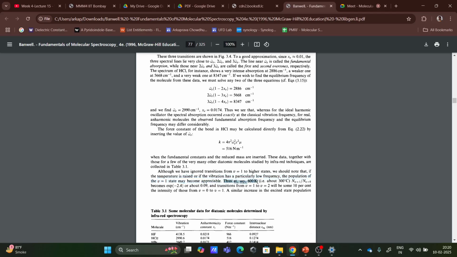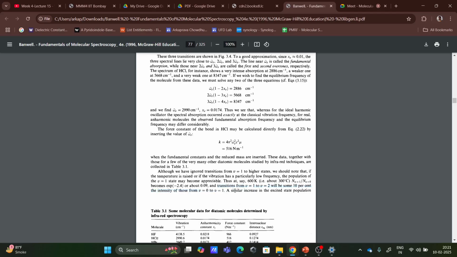Thus, at say 600 Kelvin, about 300 centigrade, the population of v equals 1 divided by the population of v equals 0 becomes e to the power minus 2.4, about 0.09, and at room temperature it was something like 0.008. The transition from v equals 1 to v equals 2 will be some 10% intensity of those of v equals 0 to v equals 1.